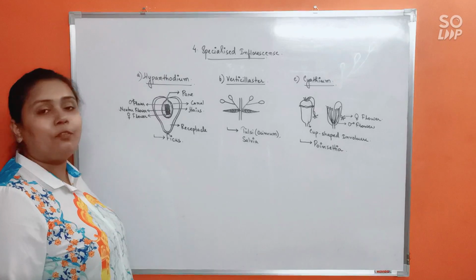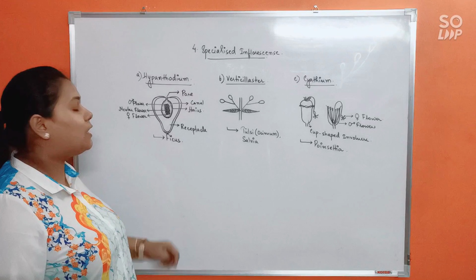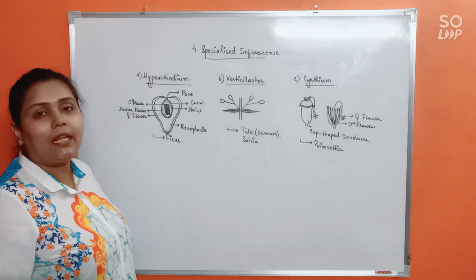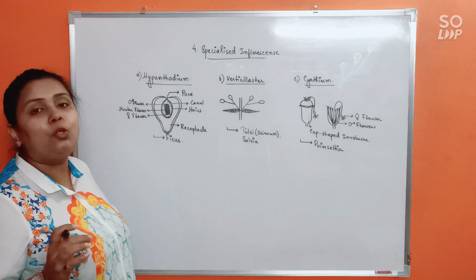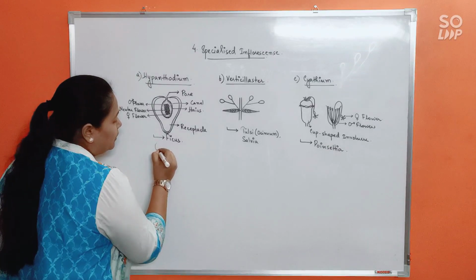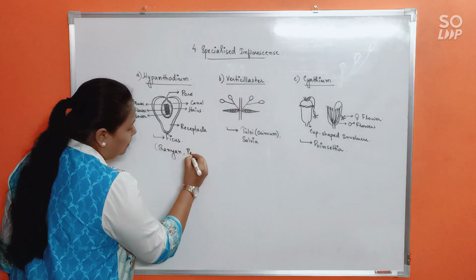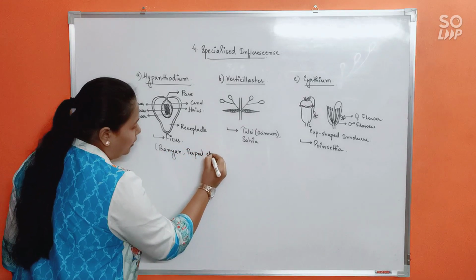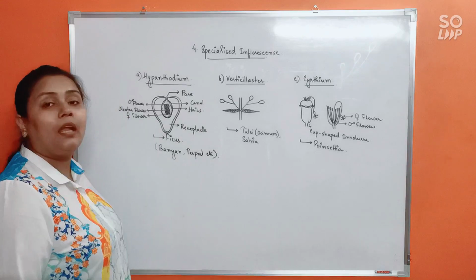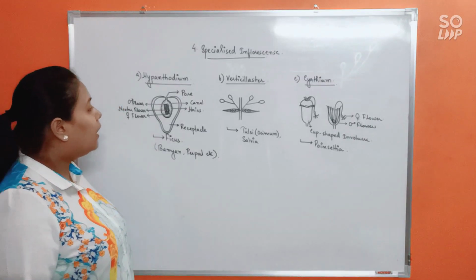So this type of inflorescence is a characteristic of the Moraceae family, and hence it is mainly found in Ficus. That is banyan, peepal, gular, all of these plants would possess Hypanthodium inflorescence. Banyan, peepal, etc.